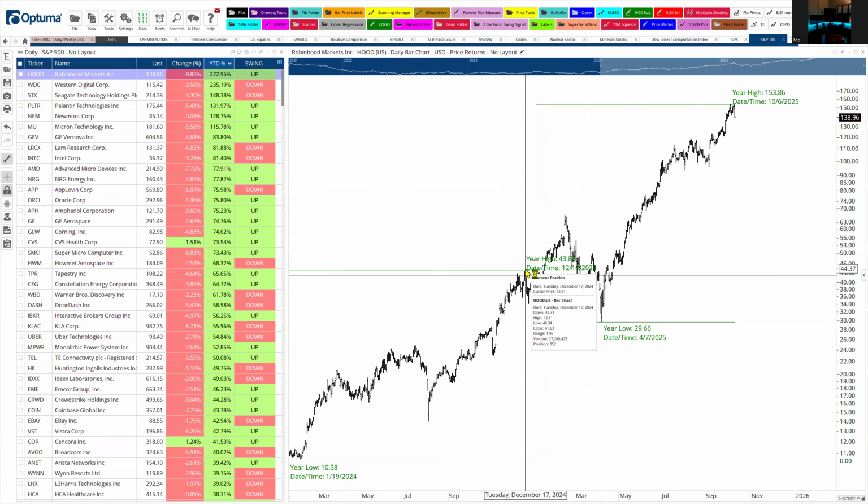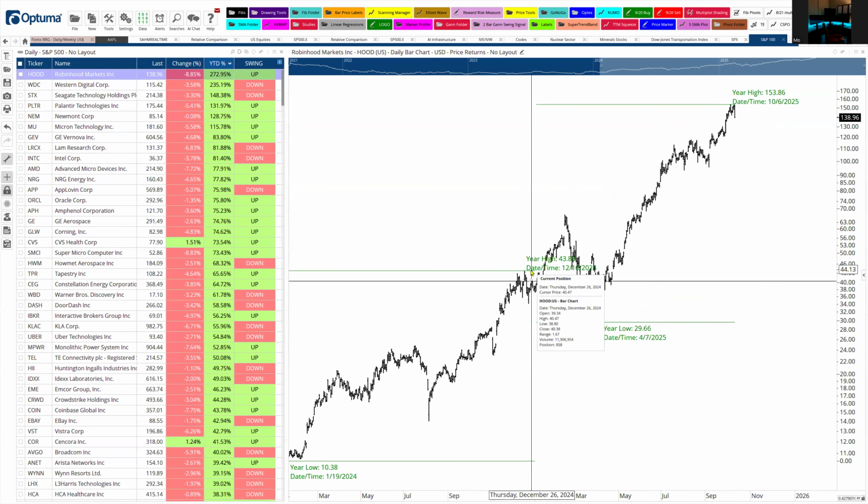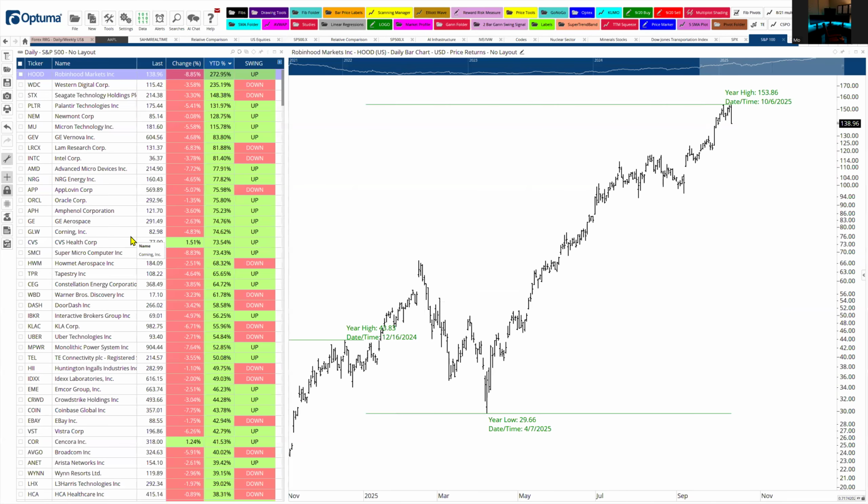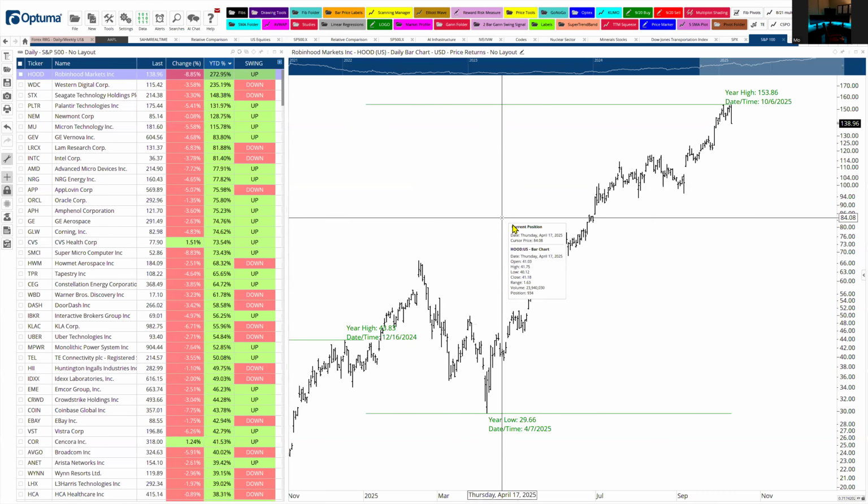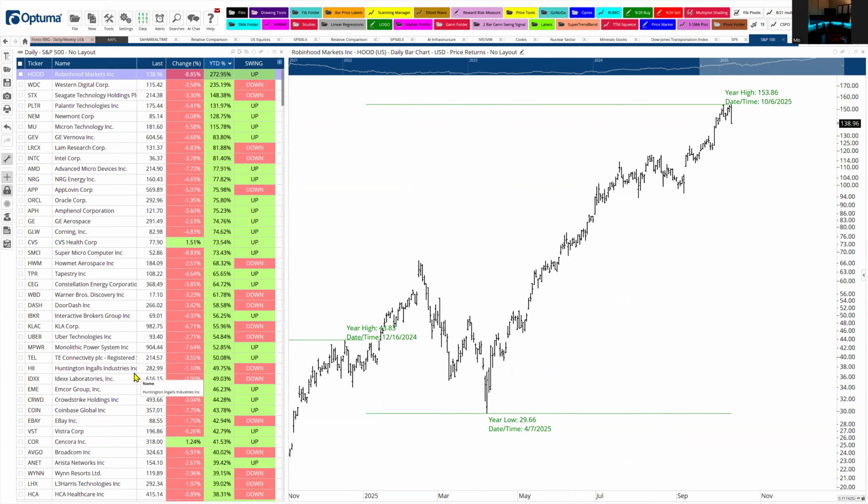You just have to look at how much room they have to the previous year high. That's a good way to trade the market as well. Just focus on the year high and low of the last year. You don't have to do anything. Do moving averages and take the high and low of the previous year and just trade off from there.